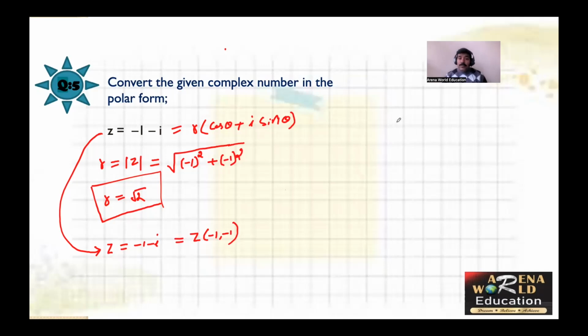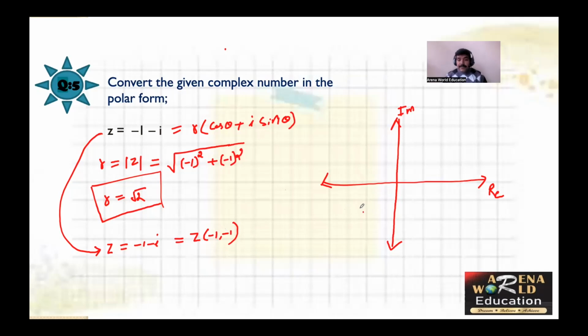Now what we will do? We will draw an Argand plane, right? This is the real axis and this is the imaginary axis, right? So look at the point. Point is z having coordinates -1, -1. Both real part and imaginary parts are negative.